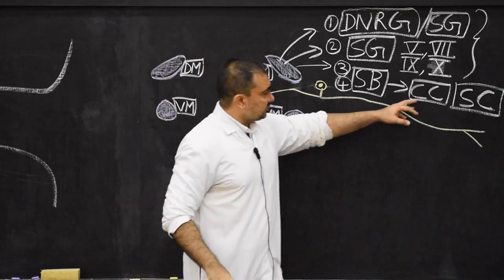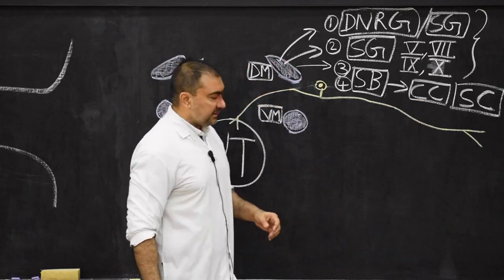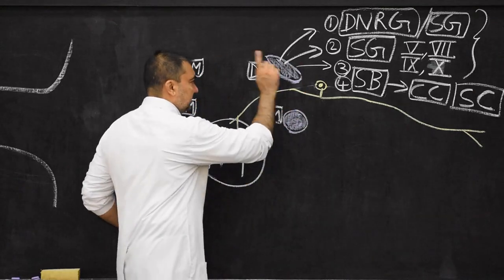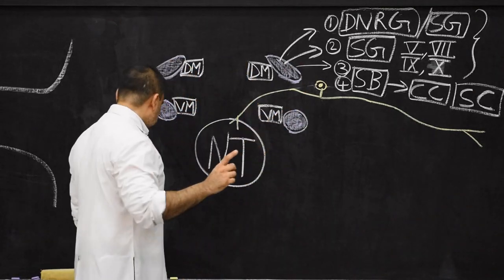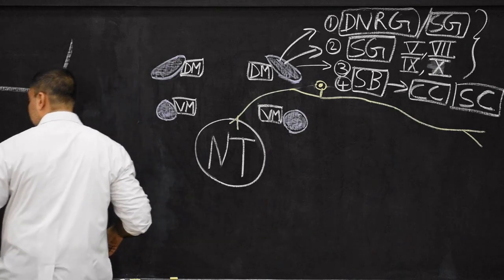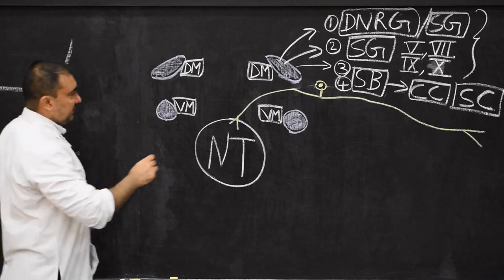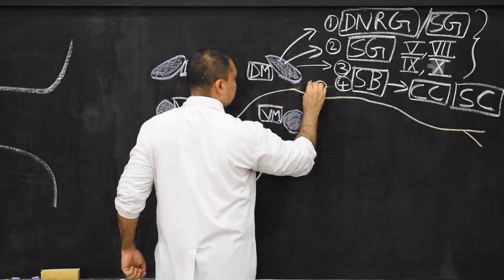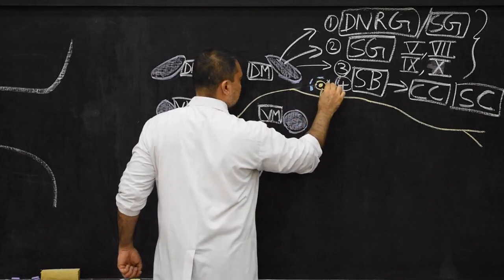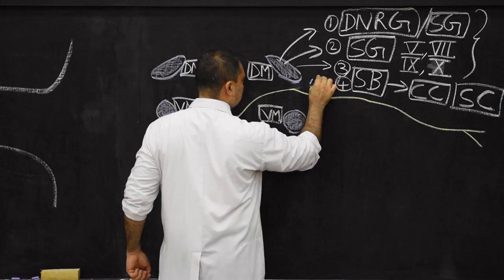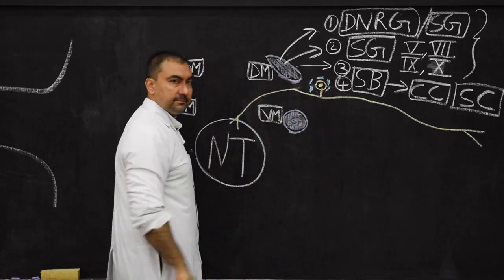Now, where are these two cells present? This is the neuron. If I show this cell with blue, then the capsular cells will be present surrounding the cell body of this neuron. In this way, the capsular cells are present.